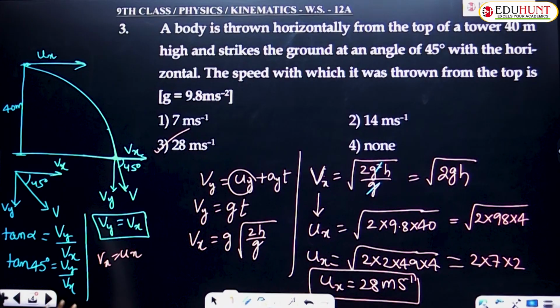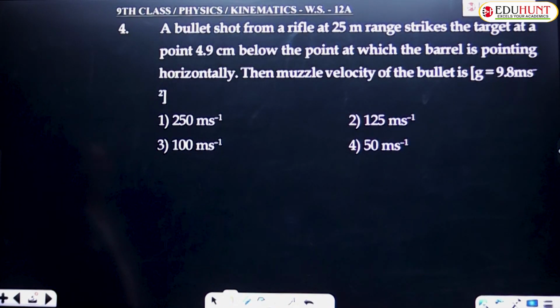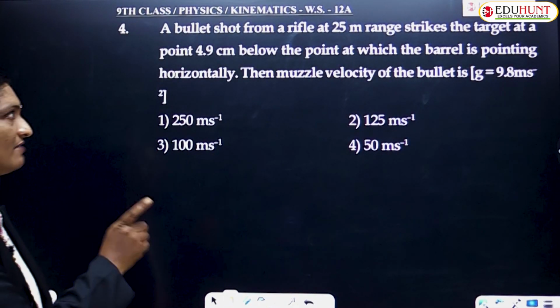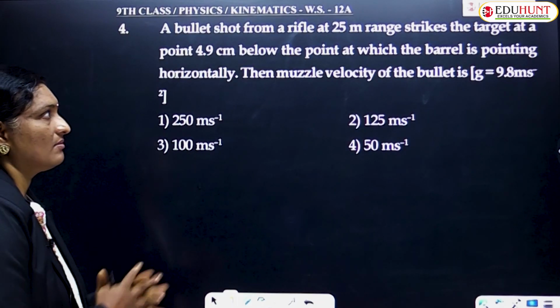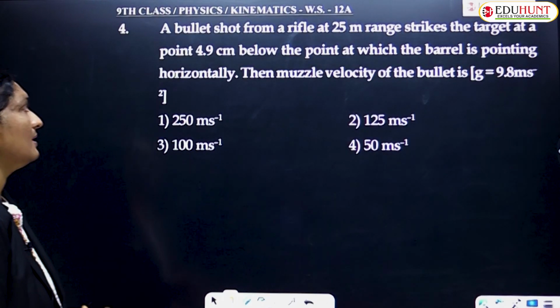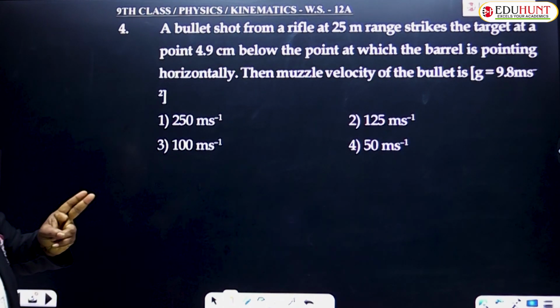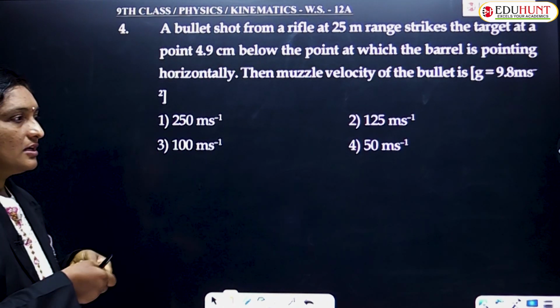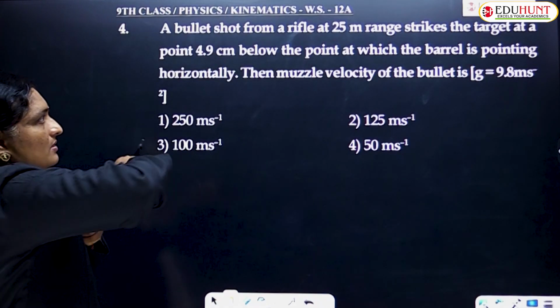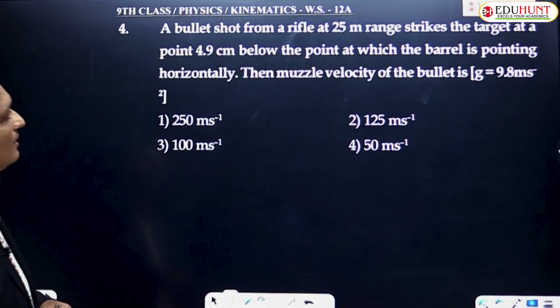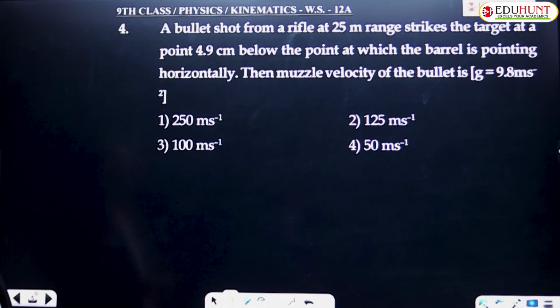Okay, moving to the next question. Question number 4. A bullet shot from a rifle at 25 meter range strikes the target at a point 4.9 centimeters below. So the bullet is fired from the rifle. A gun is there, the bullet is shot, and the barrel is pointing horizontally.